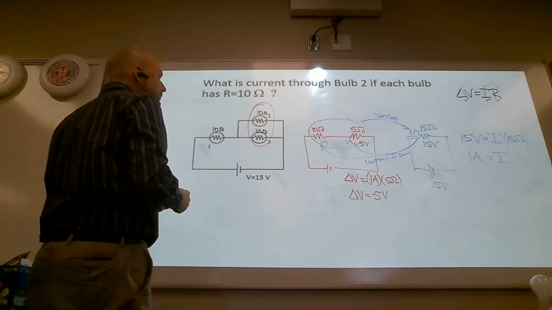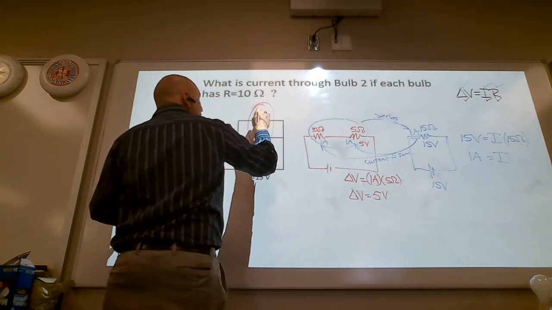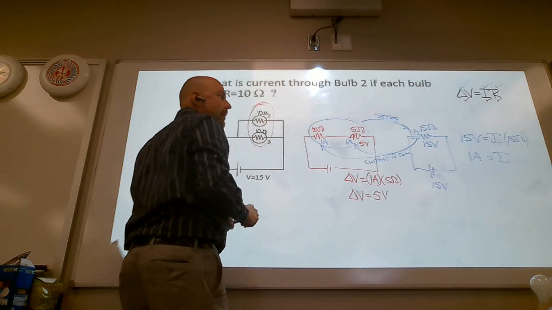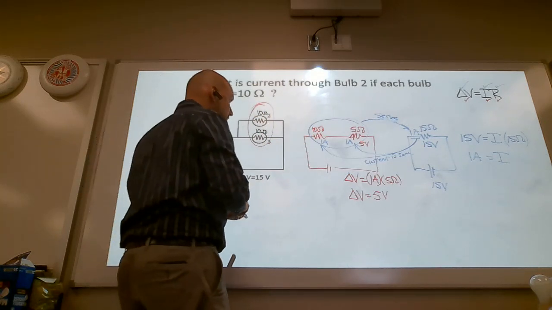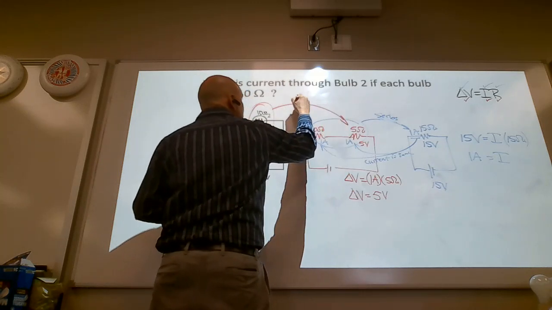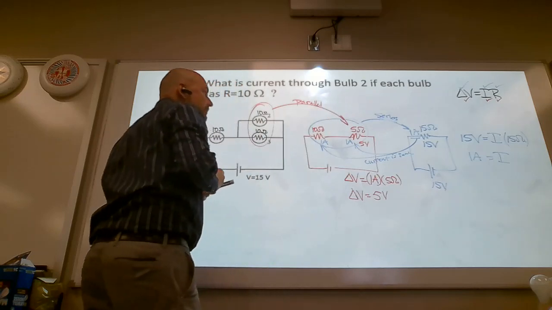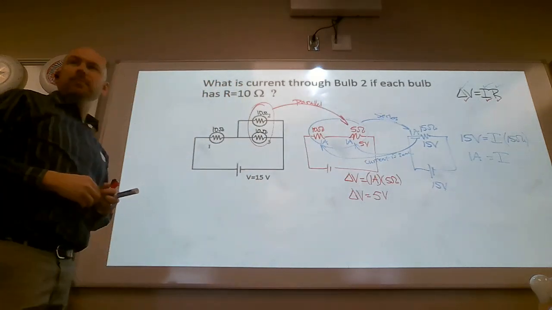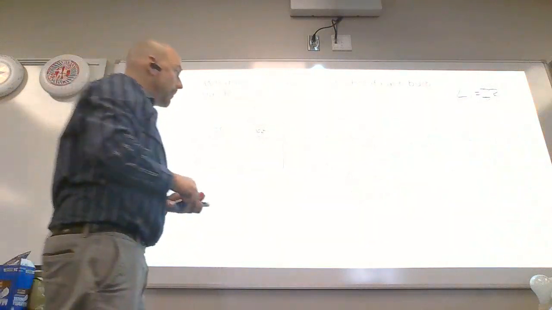Now, the 5 came from bulb 2 and bulb 3 wired how? Parallel. So what measurement is the same in parallel? Voltage.